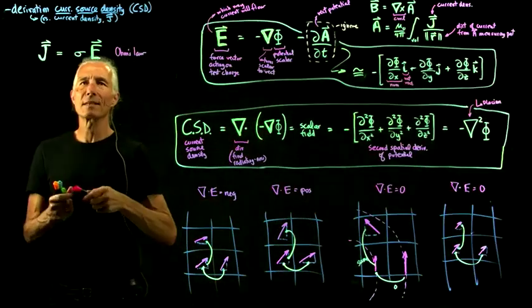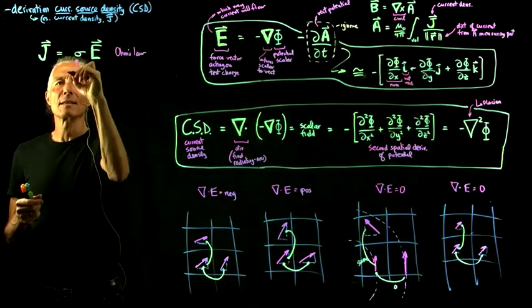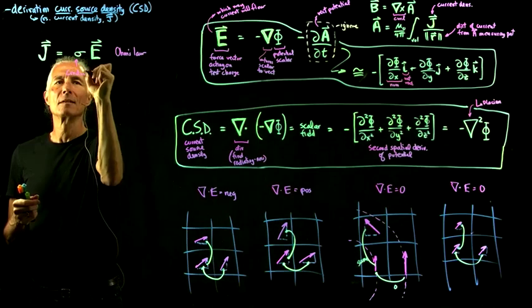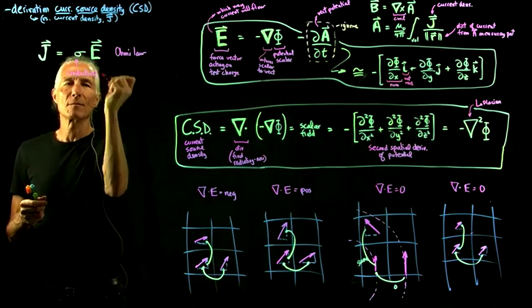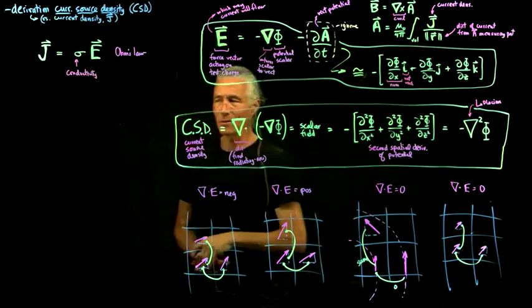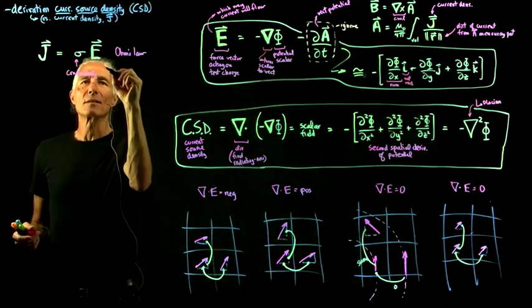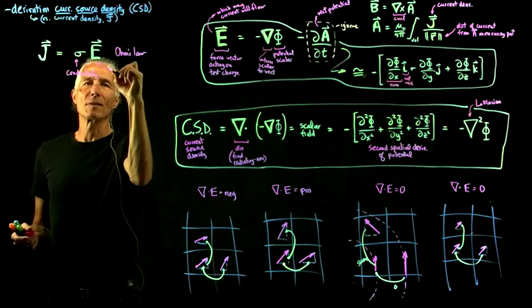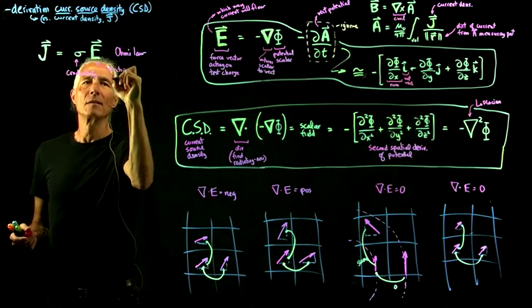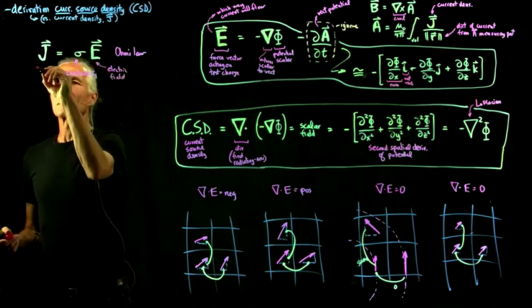This thing is called the conductivity, which is the reverse of resistance. So more conductivity means less resistance. This guy is the electric field, and this guy's the current density.